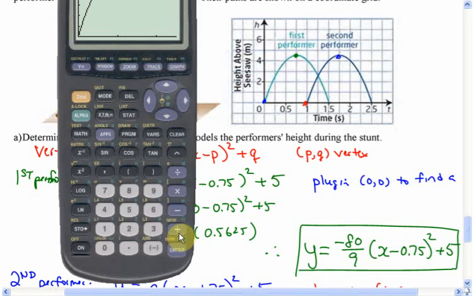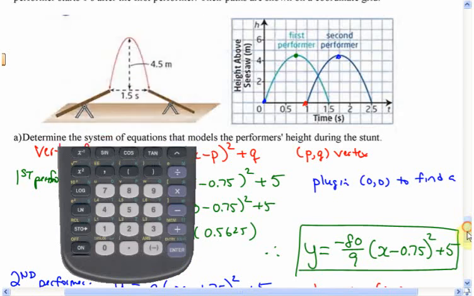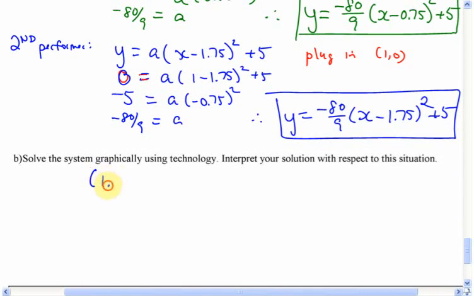Let's graph. There's the first performer. Here's the second performer. I want to find the intersection points. Second calc number 5. First curve, yes. Second curve, yes. Give me the intersection point. 1.25, 2.778.